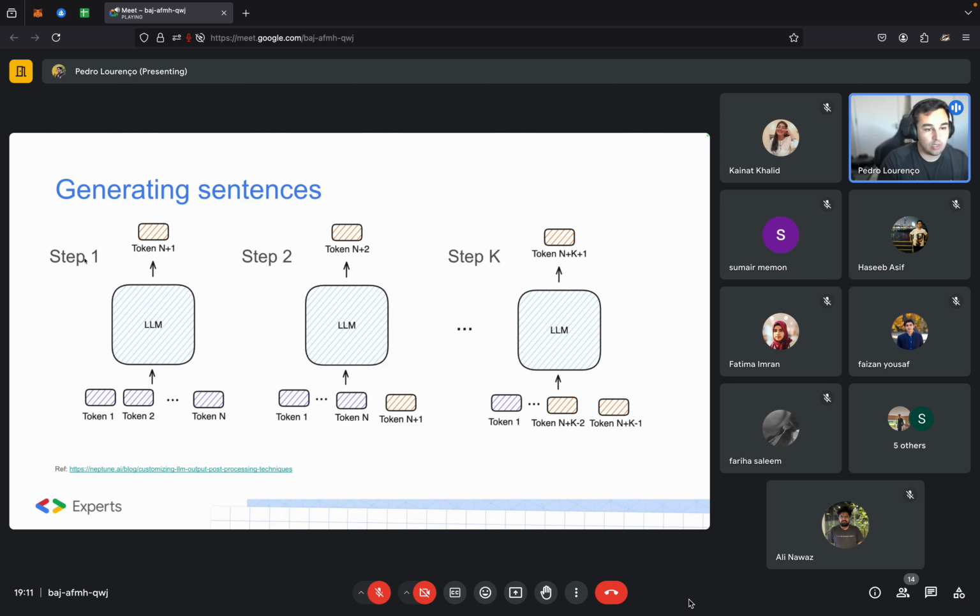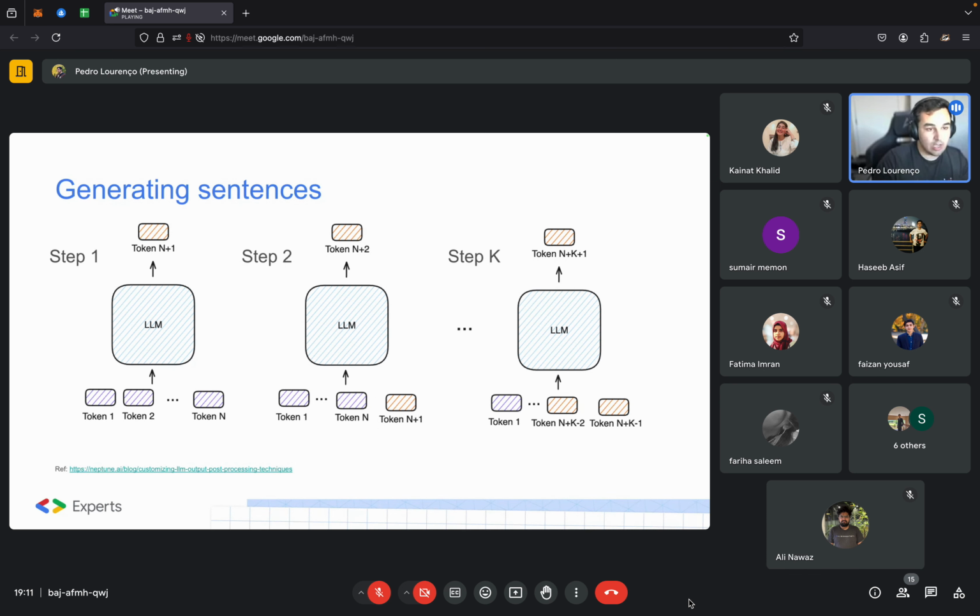So in step 1, we predict the token n plus 1. In step 2, we predict the token n plus 2. But look, we also concatenated the token n plus 1 into the input to predict the token n plus 2. This is important to keep in mind, because if you want a longer sequence, you need to concatenate more tokens too.